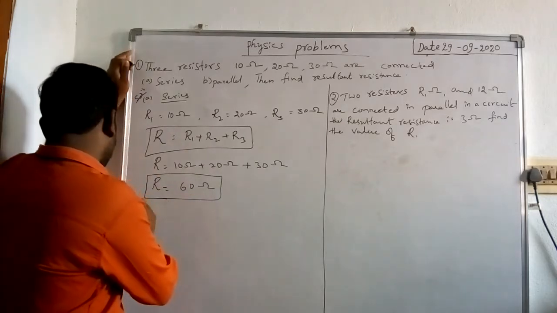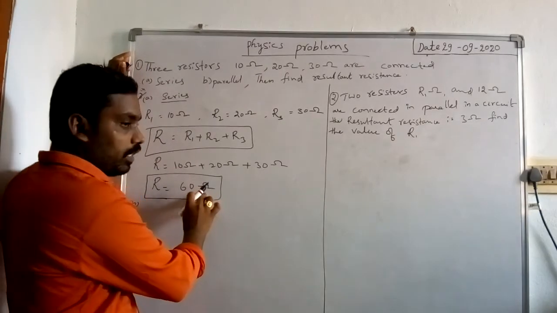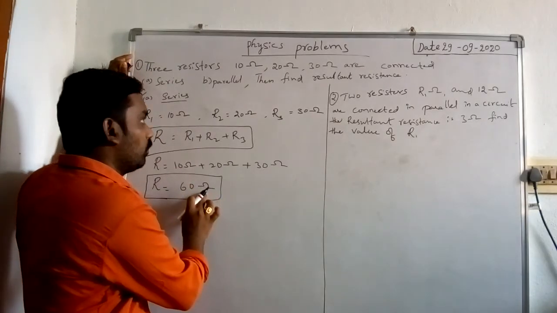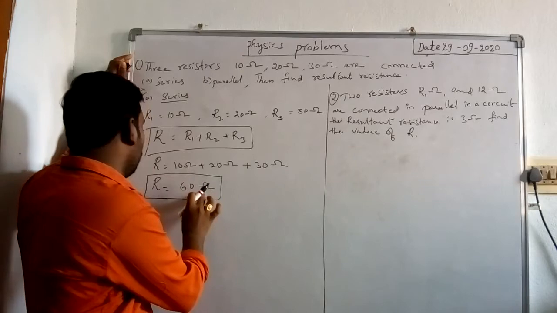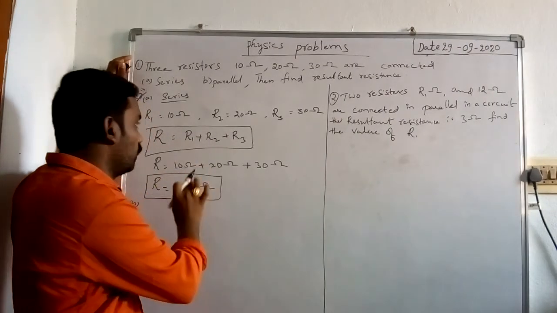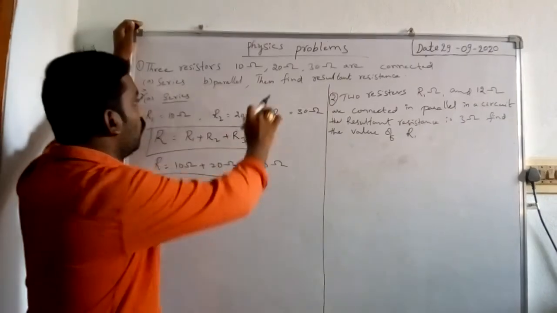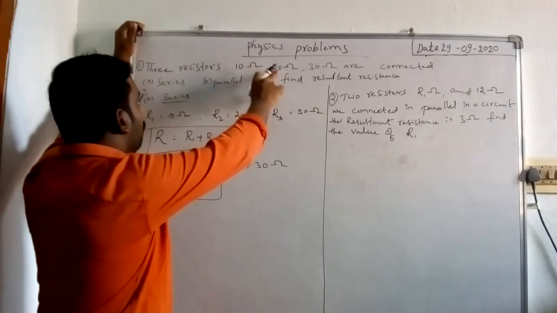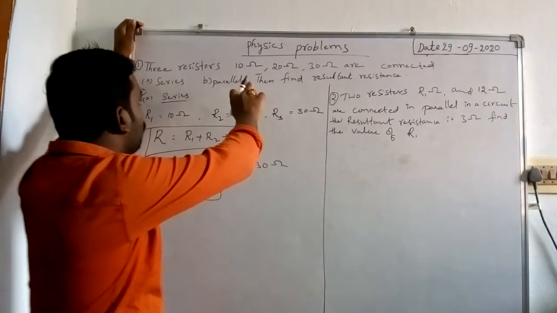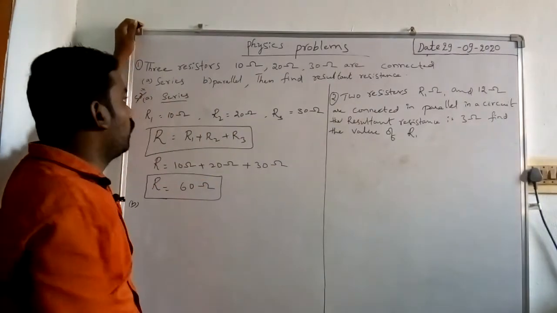Next, second part B. Here it is compulsory to mention the units, otherwise the answer is considered wrong. If you don't know anything, ohms is the unit for resistance. They won't say it directly; they will ask, for example, resistors 10 ohms, 20 ohms, 30 ohms, find the series resultant resistance.